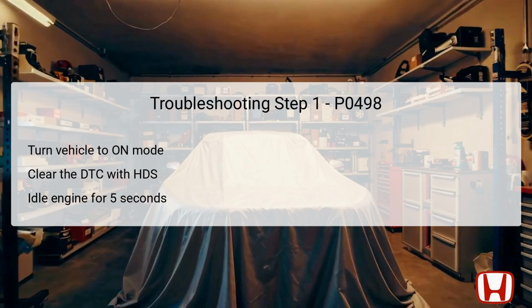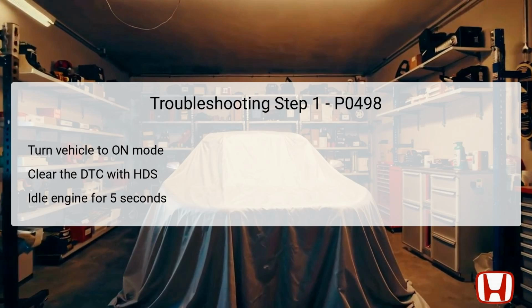Next, clear the DTC using the HDS, which resets the fault codes and prepares the system for re-examination. After clearing the codes, start the engine and allow it to idle in either park or neutral for a minimum of 5 seconds. This idling condition enables the vehicle's control systems to perform self-checks and can potentially reveal whether the DTC reappears, indicating a persistent issue.